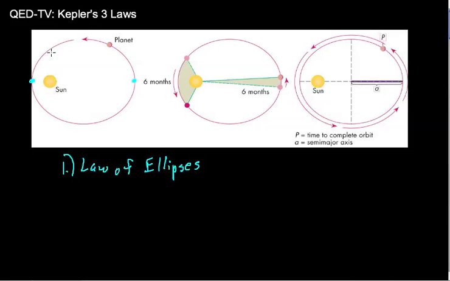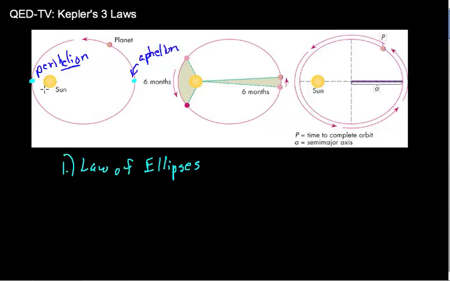The closest approach that a planet gets to the sun is called the perihelion. Helion refers to the sun, and peri is the closest that it gets to it. The furthest away, at this point right here, is called the aphelion. Sometimes I think people say the aphelion.